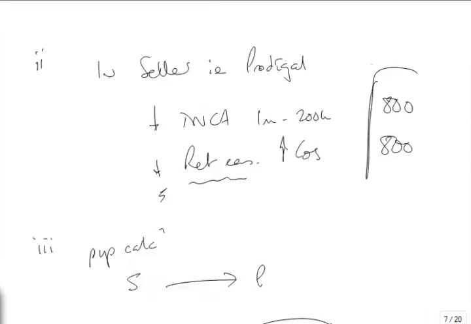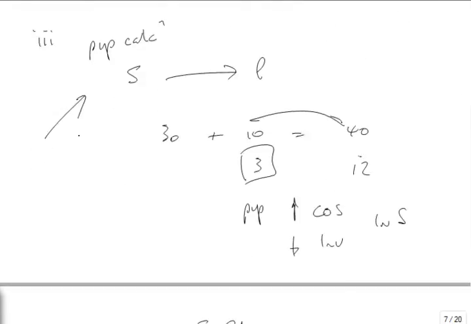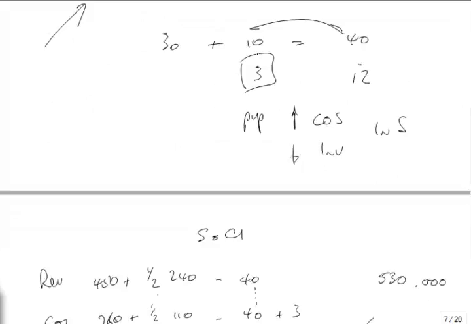This is what the correct treatment is, and it's always in the seller's books. PUP is as normal. There's nothing new there. It's worth a couple of marks. 3 million. It's 10/40. That was the profit figure on the deal, and 12 of them are left. It's a quarter of the selling price.